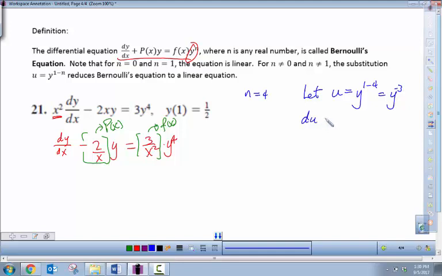So du is going to equal negative 3 y to the negative 4. Am I subtracting correctly? Negative 3 minus 1? Yes. So the derivative of y to the negative 3 is negative 3y to the negative 4. And then don't forget to tack on the dy differential.